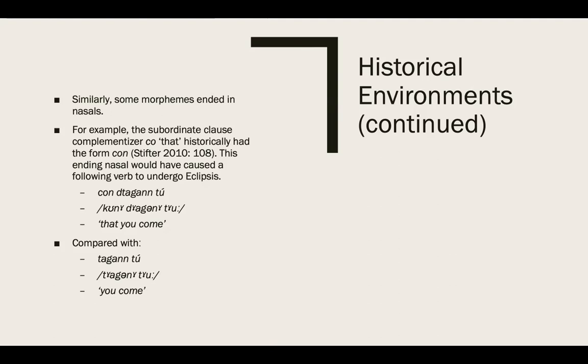If you take the phrase tagantu, you come, and you put it in a relative clause, after the complementizer kun, you get kun jagantu, which means that you come. As you can see, the presence of the nasal changes the T in tagantu to the D in jagantu.